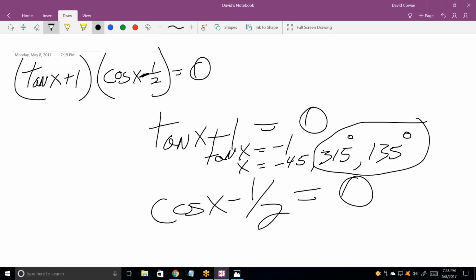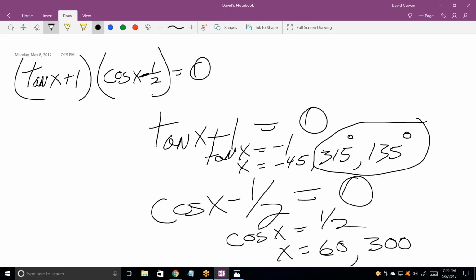Now, let's solve the other one. Where is cosine of x equal to 1/2? What two quadrants? 60 degrees and 300 degrees. Very good, Justin. Crushing this trig stuff.